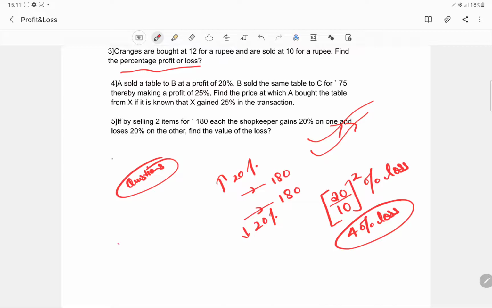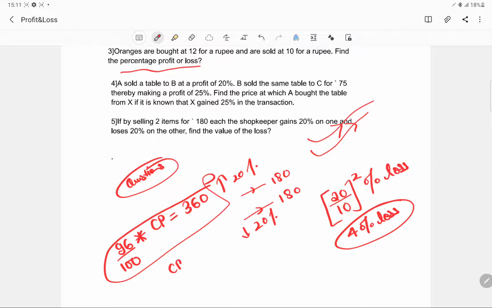Since it was 96 upon 100 over the cost price, that was actually equal to 360, because he had a 4% loss now.